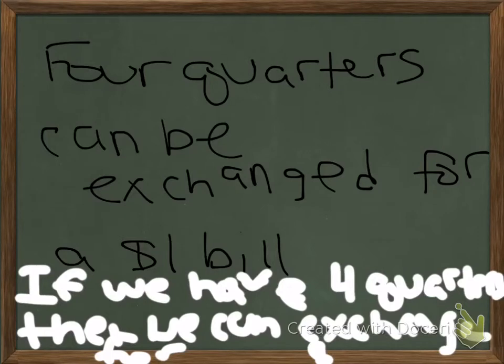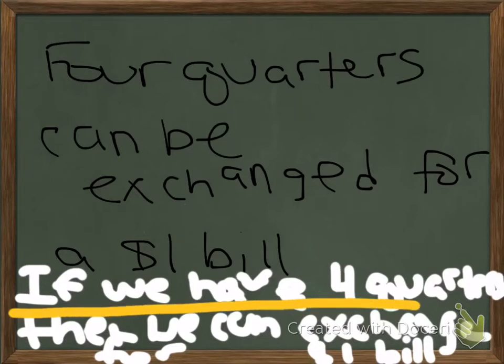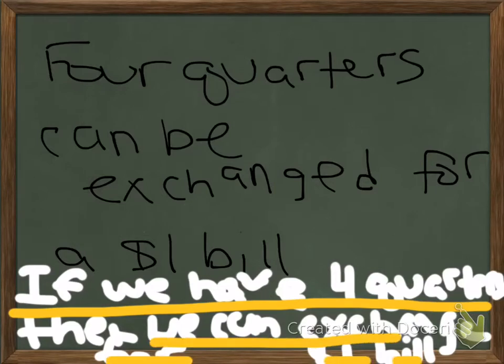I ran out of room here. In white, we've put it in if-then format. To identify the hypothesis, we're just looking for the if part, so if we have 4 quarters, and the conclusion would be the then part, then we can exchange for a $1 bill.